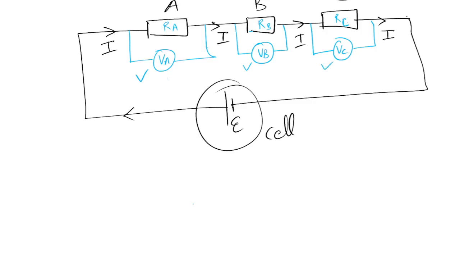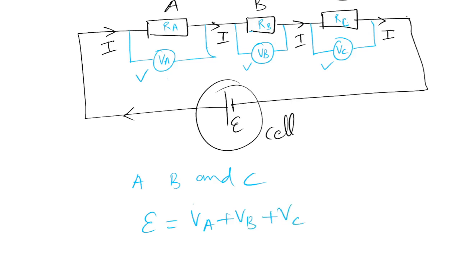But the total voltage across A, B, and C is going to be epsilon. Epsilon is equal to VA plus VB plus VC.